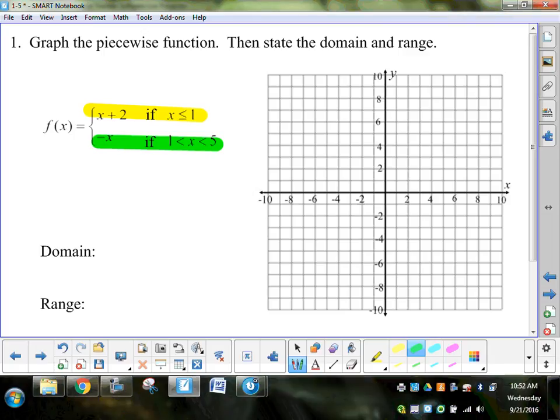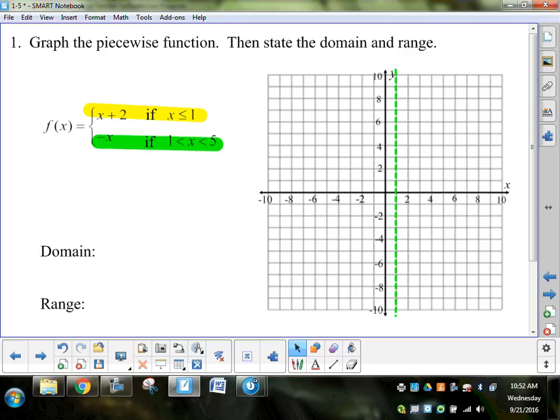Alexis, what do you say? Where am I switching from the yellow graph to the green one? At what x value? Yeah, at 1. So go into your graphs and let's put a very, very lightly done line at 1. That's where we're transitioning.